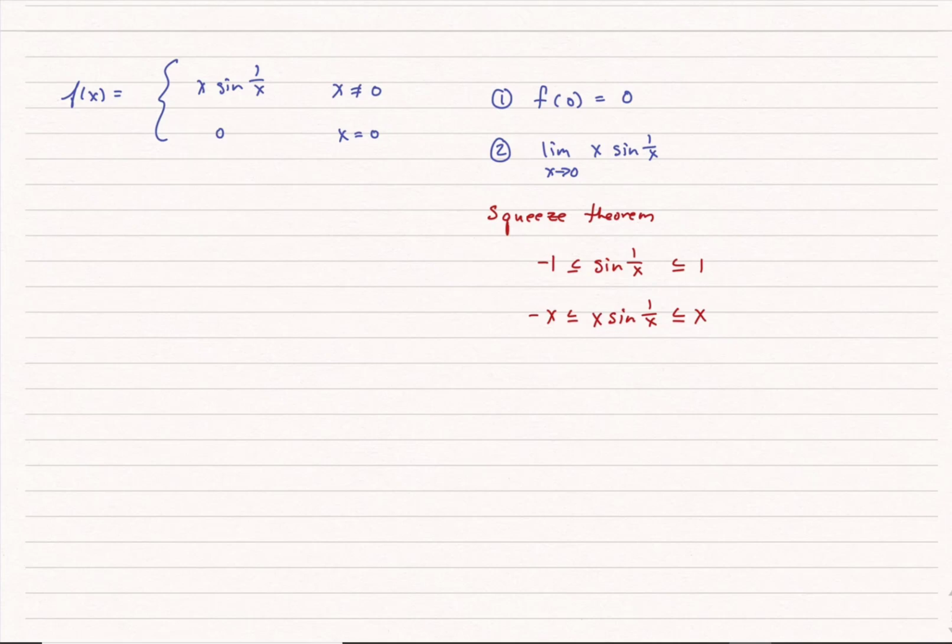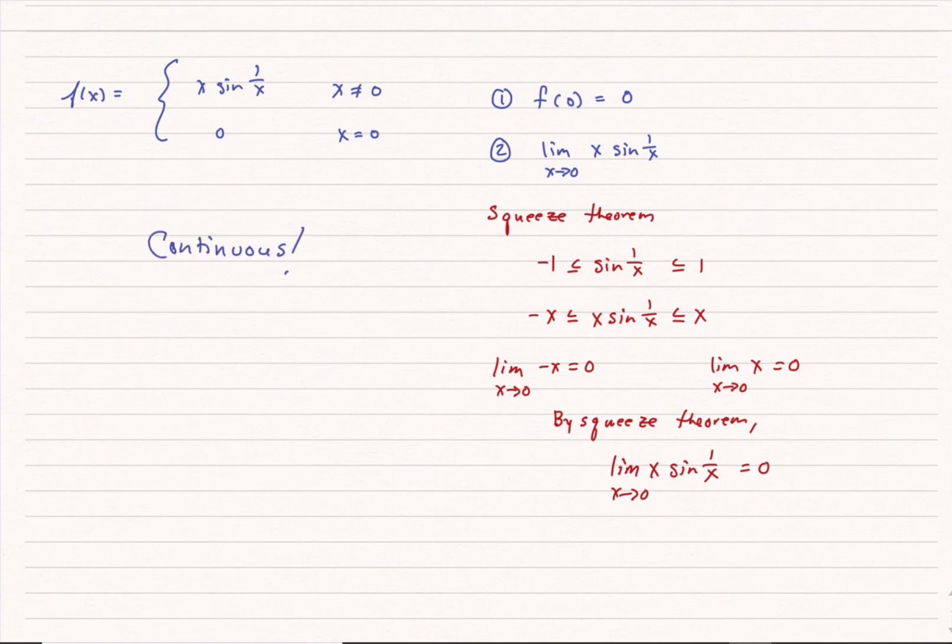If I now find the limits of the upper and lower bounds of this, I find that by direct substitution, because these are polynomials, the left-hand limit and the right-hand limit are both equal to 0. Therefore, by the squeeze theorem, the limit of x sine 1 over x as x approaches 0 is in fact 0, which means it is continuous.